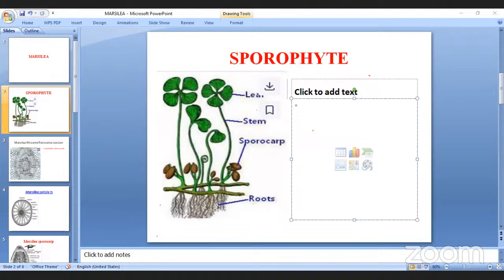When you take a section, you can clearly observe this type of arrangement. So in the internal structure of the rhizome, there are clearly three parts.